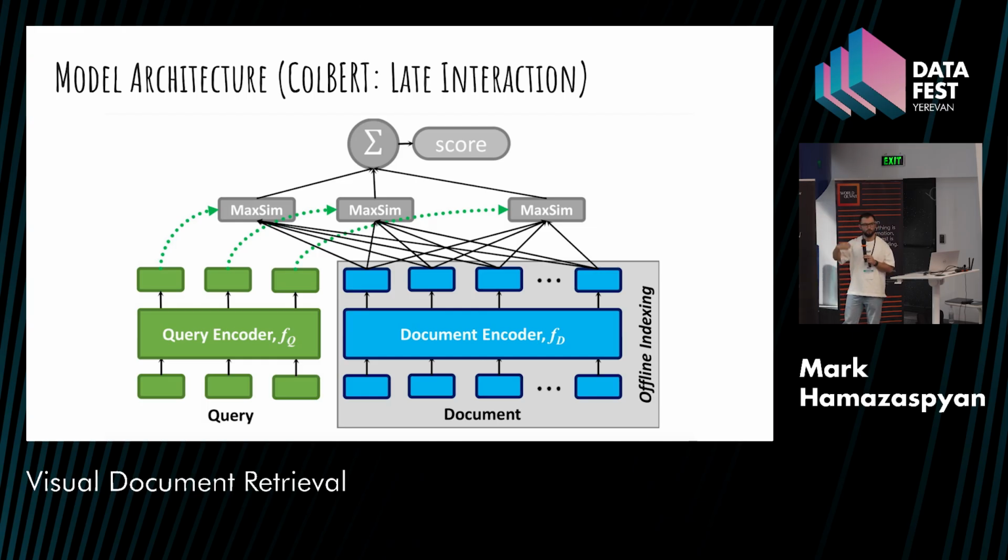Then we do it for all query tokens, and in the end, we just sum these similarities and we get the whole similarity for the query and document. So whenever we have 2-3 documents for this query, the document with the highest score will be the representative document for that query.